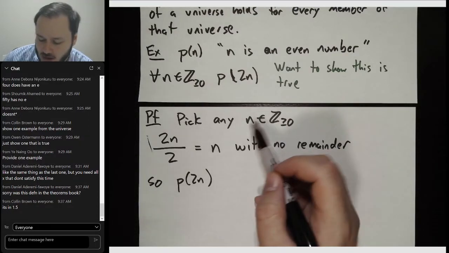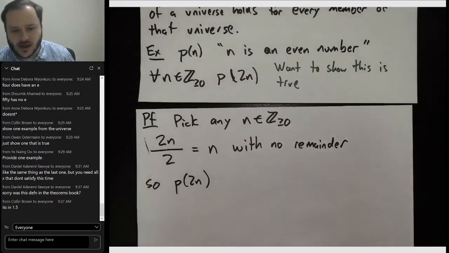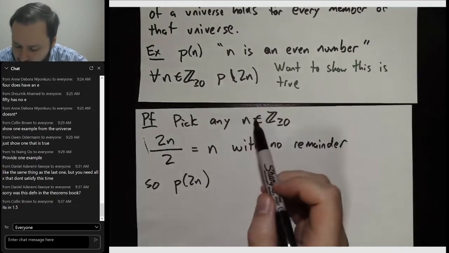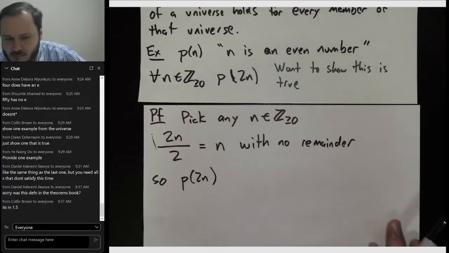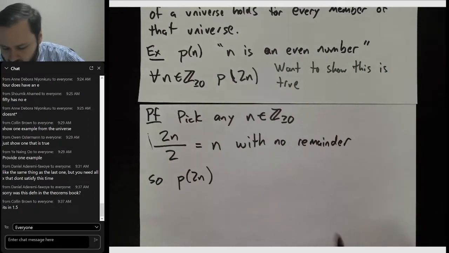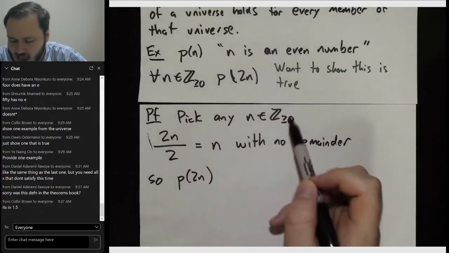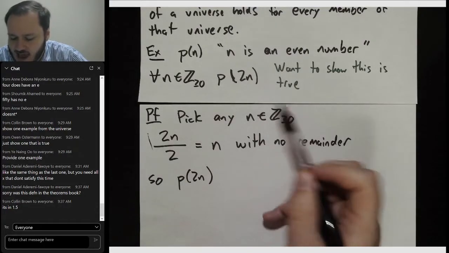All I did was pick one n. I'm not checking all n at the same time. I'm just picking one n. But when I picked that one n, I didn't make any special requirements on it. All I said is it's any n belonging to this family, any n in this universe.